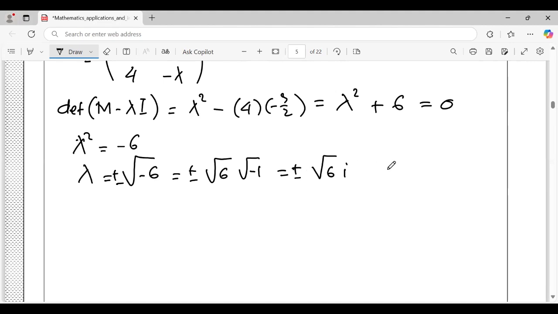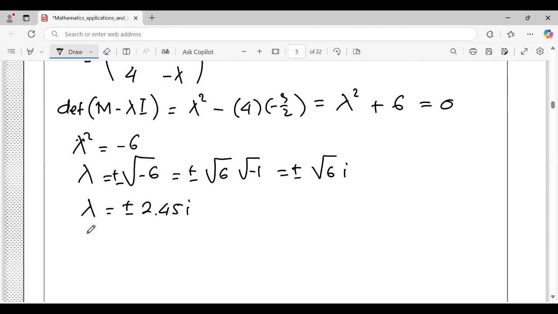And with a calculator we can determine the square root of 6 is plus minus 2.45 i.